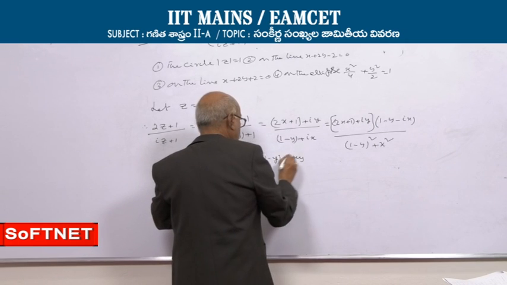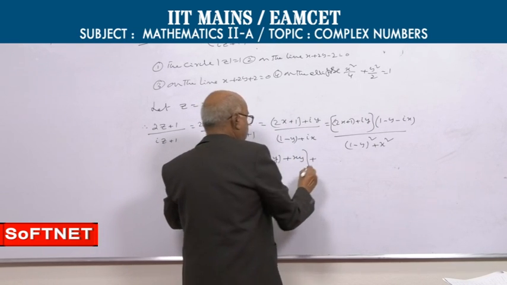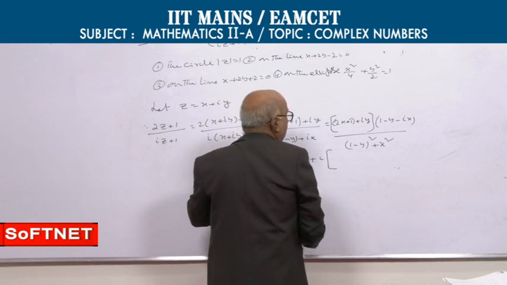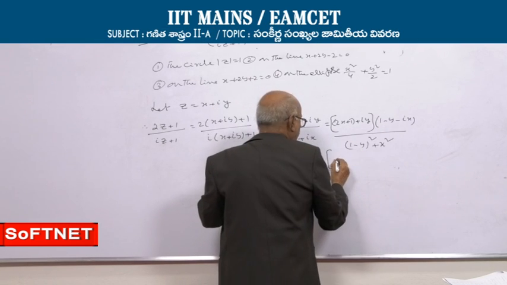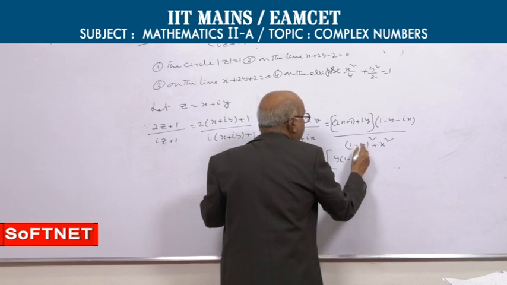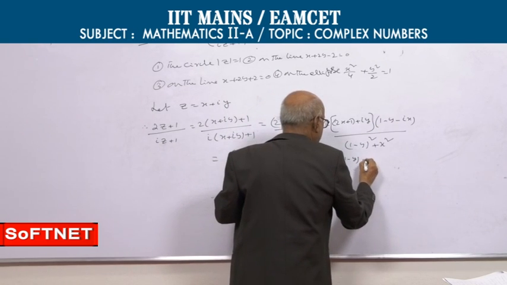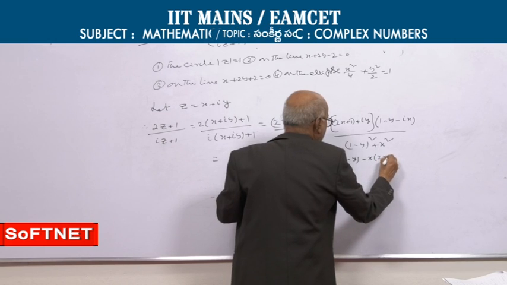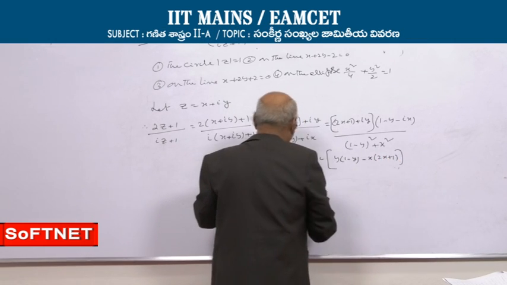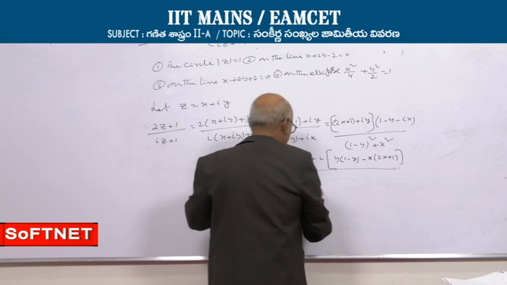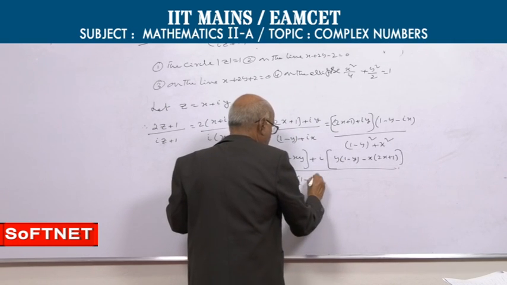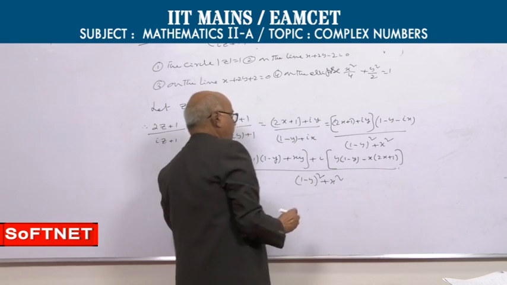So this is the real part in the numerator, plus i into y into 1 minus y minus x into 2x plus 1 whole by 1 minus y whole square plus x square.